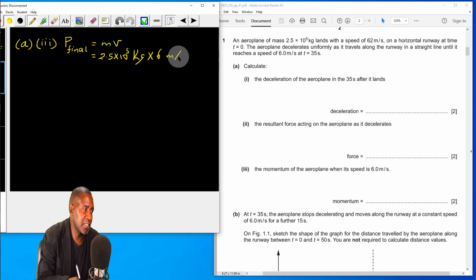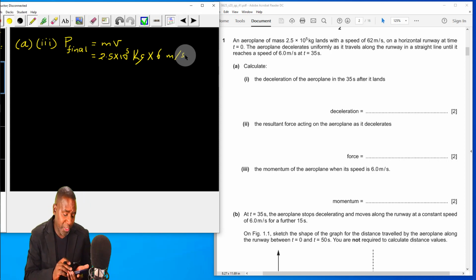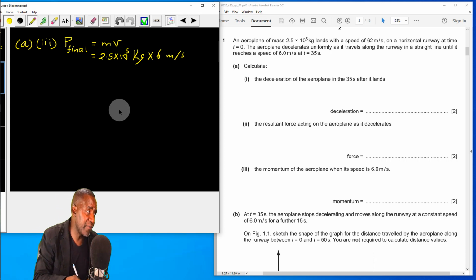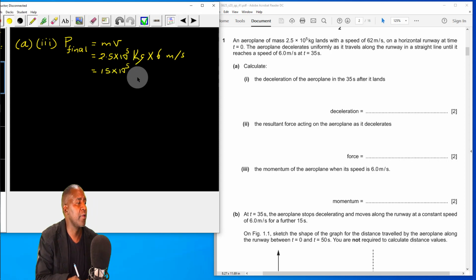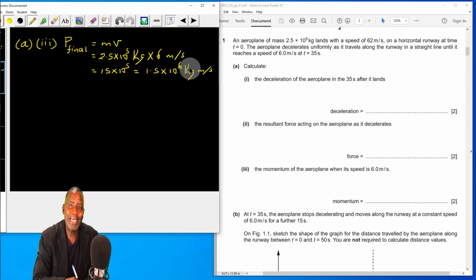And again, I want to multiply just 2.5 by 6, and that gives me 15 by 10 raised to power 5, which is equal to 1.5 by 10 raised to power 6 kilograms meters per second, or Newton seconds.